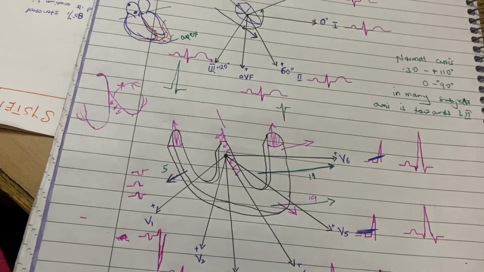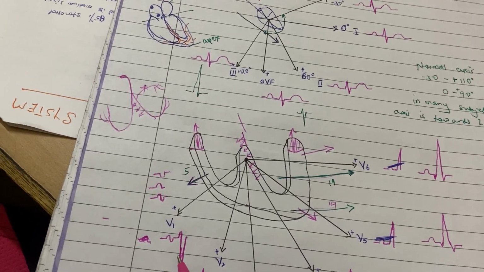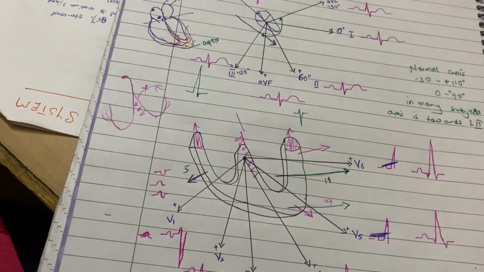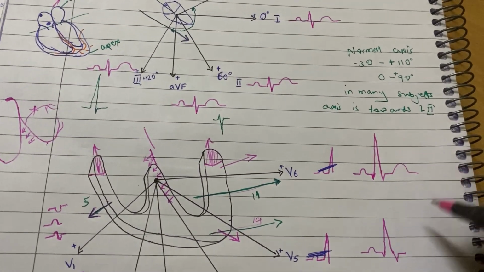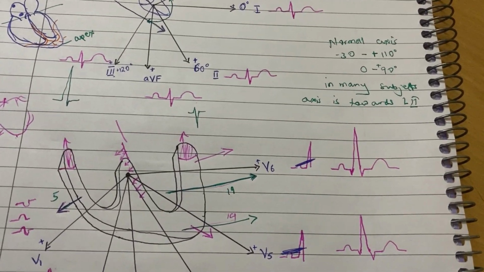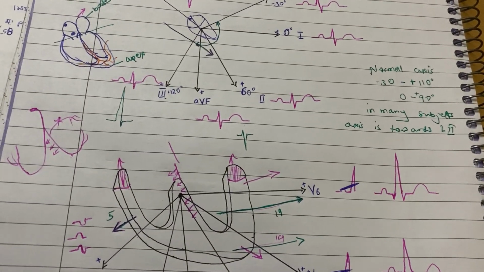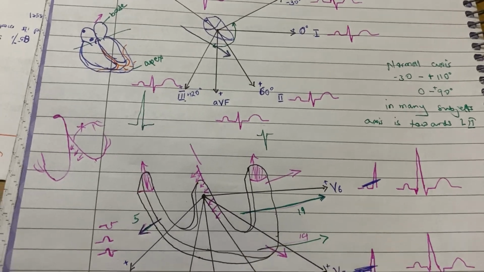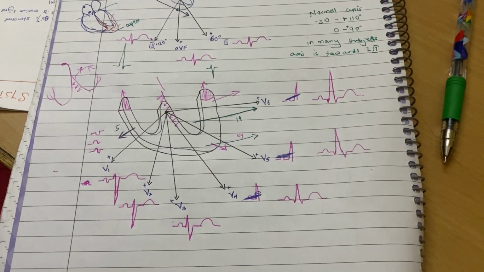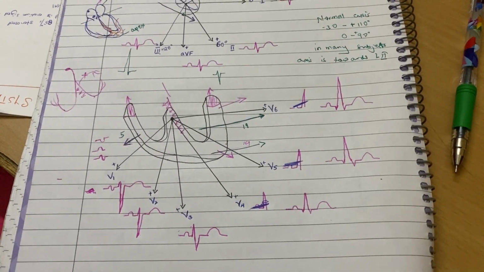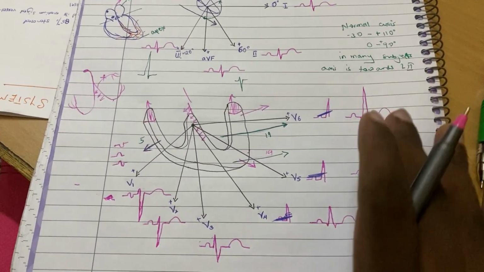We don't want that. If it's S, then it is part of this one. So it will be like this. Then the next one, it is T. T is positive. Like that. It is done. Yeah. So these are the normal waveforms.